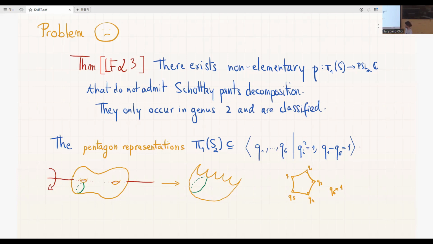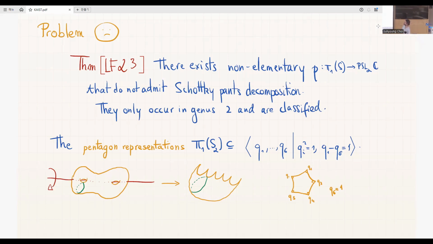If you take the quotient, you get a sphere with 6 marked points. You look at the map induced at the level of orbifold fundamental groups, and this gives you this inclusion as an index 2 subgroup.